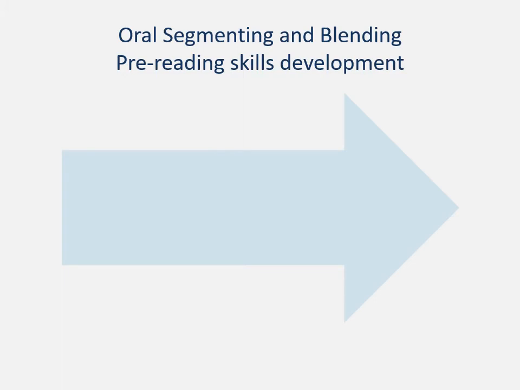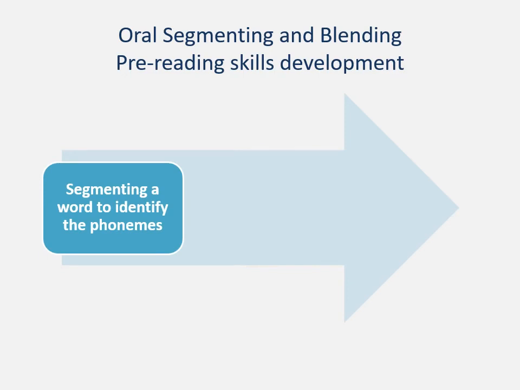So before children can read a text or spell, they need to have the oral skills of segmenting and blending as part of their pre-reading development. In order to write a word down and in order to be able to identify the sounds in a word for both segmenting and blending purposes, they need to identify the phonemes.